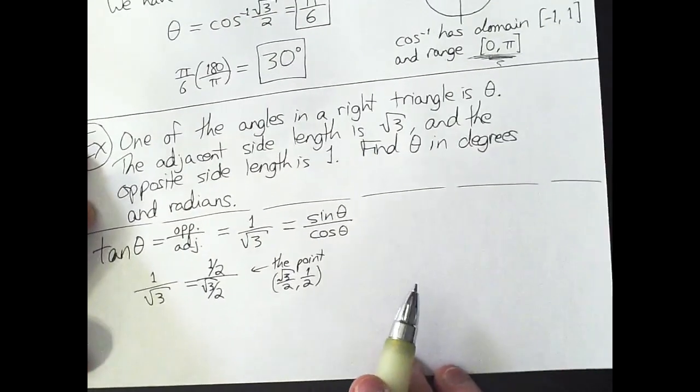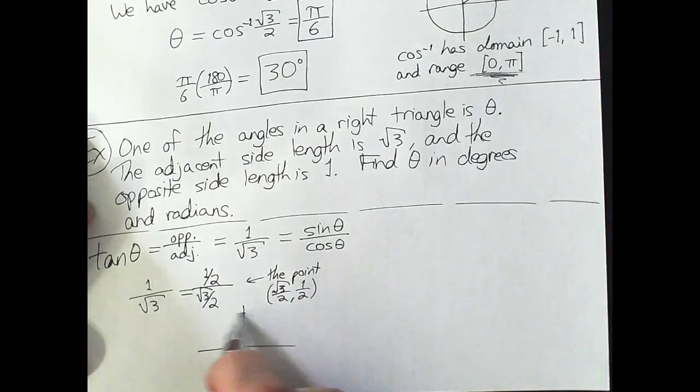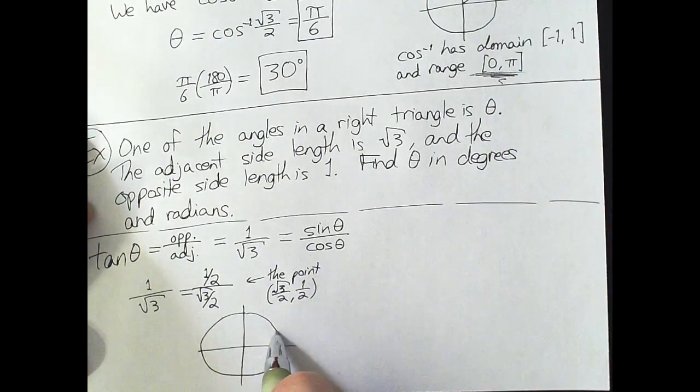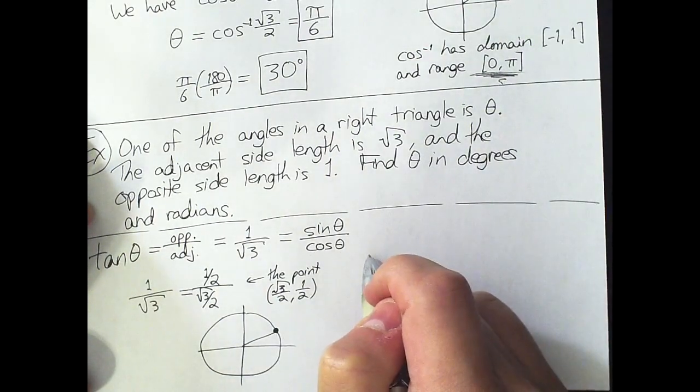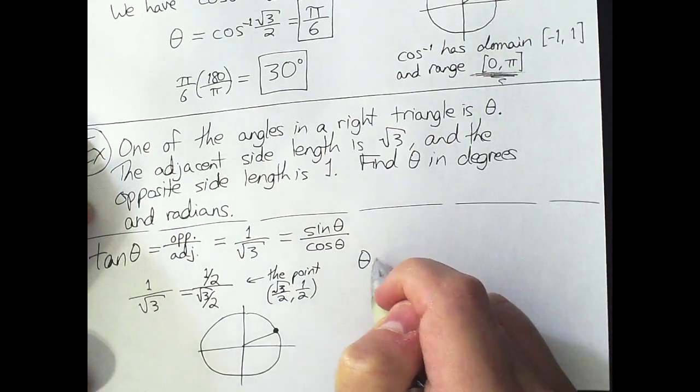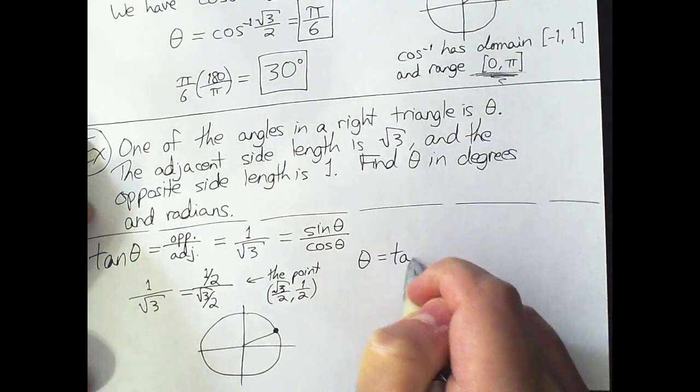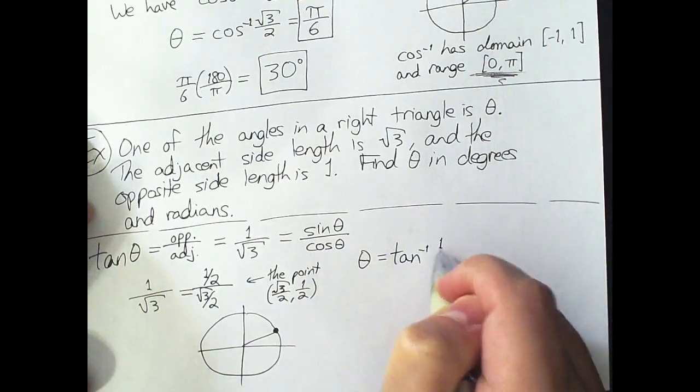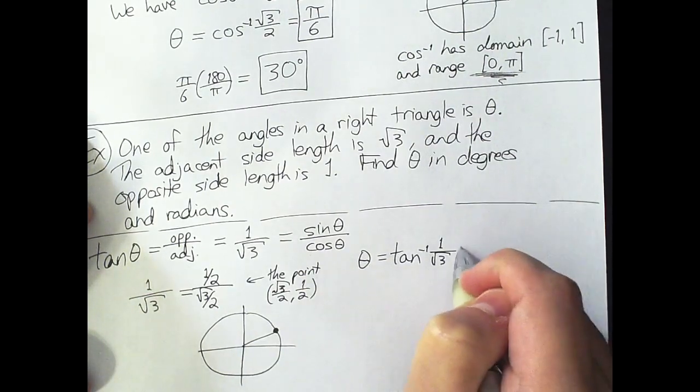That point, where is it on a scratch work unit circle? It's about here. So let's say that theta is equal to inverse tangent of 1 over the square root of 3.